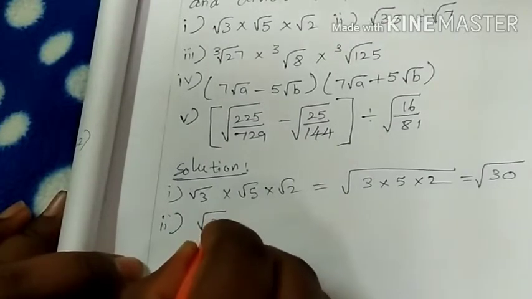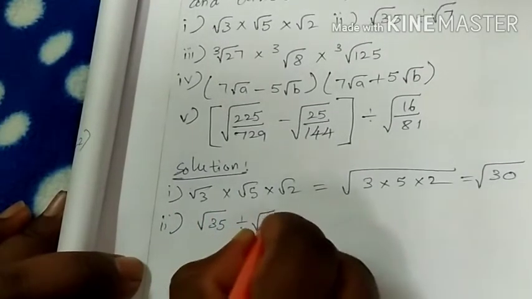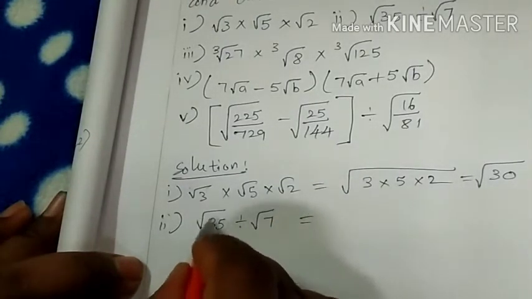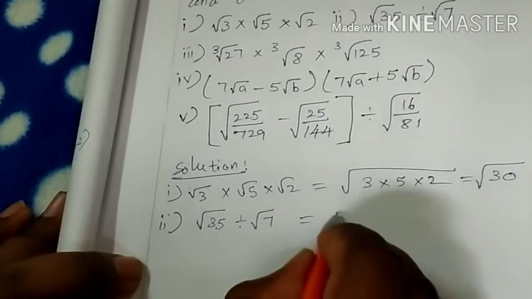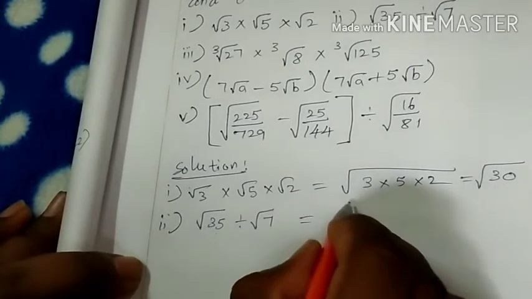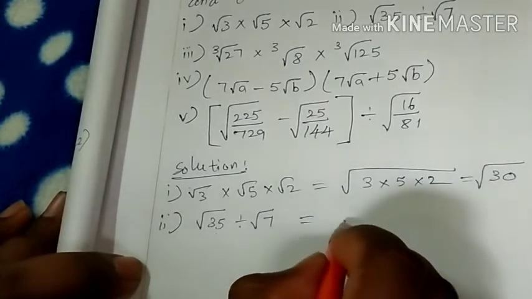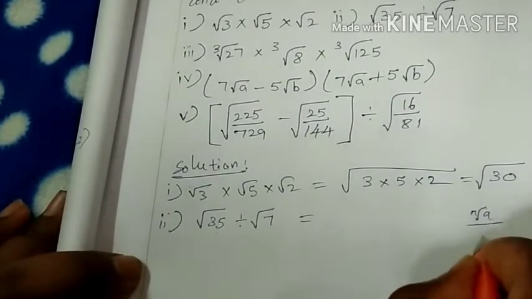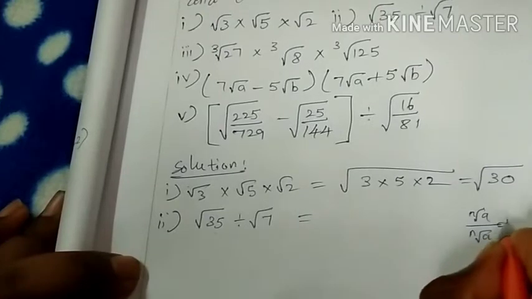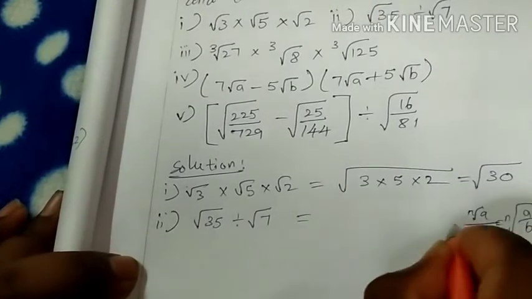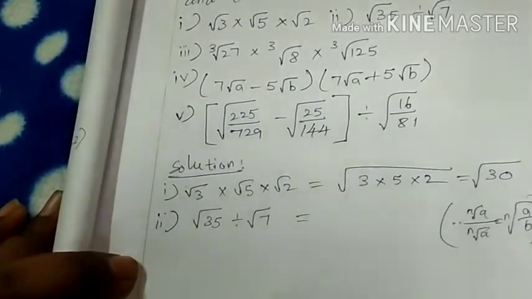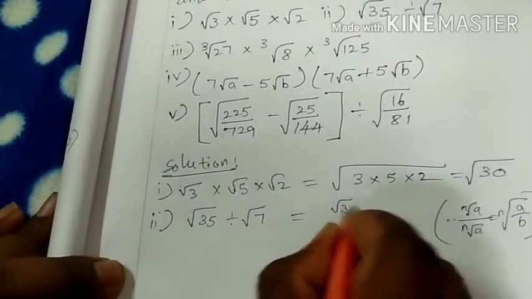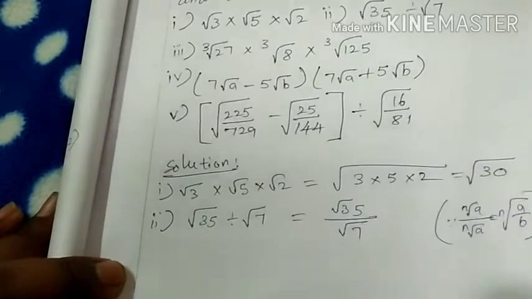root of 35 divided by root 7. So the division property: nth root of a divided by nth root of b is equal to nth root of a by b. This is your general notation. Here I want to write root of 35 divided by root of 7.